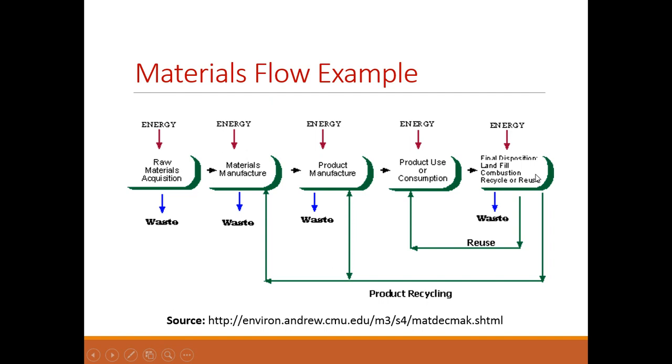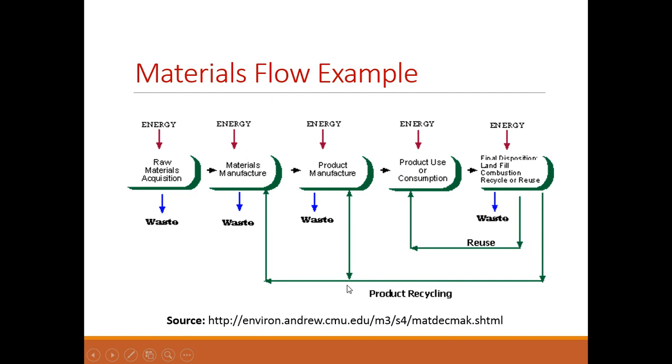But what are our options? If we evaluate the waste produced at each stage, there is probably something we can do to reduce it. For example, when it's time for the product to be disposed of at the end of its life, maybe there's some way we can reuse it. So we reuse it in a different way, we consume it in a different way. Alternatively, we can recycle.